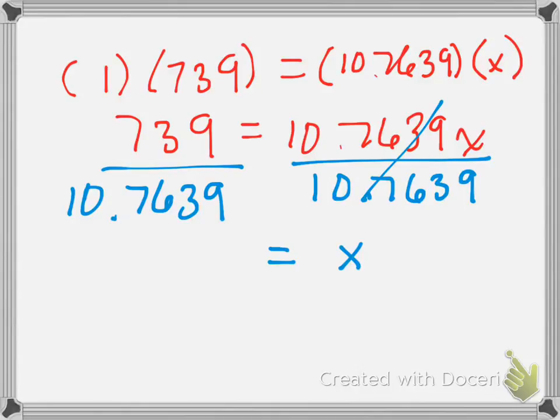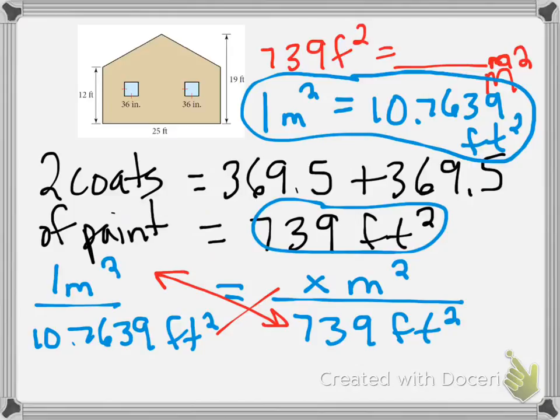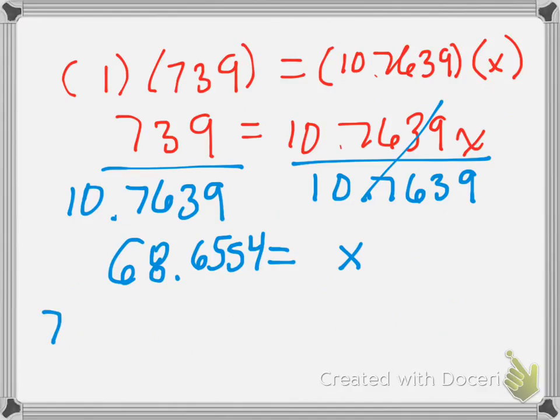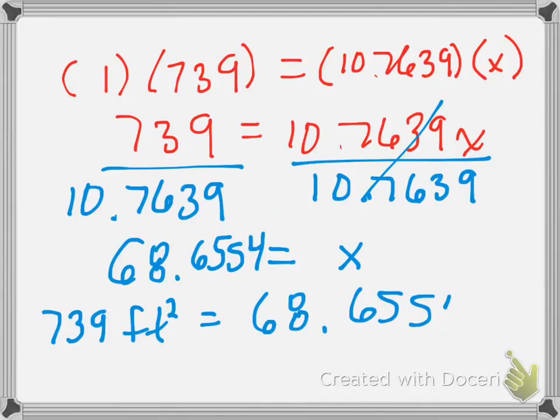739 divided by 10.7639 is 68.6554, and I'm having 4 numbers after the decimal if I'm rounding, because it's not my final answer yet. So this means that 739 square feet is equal to 68.6554 square meters.